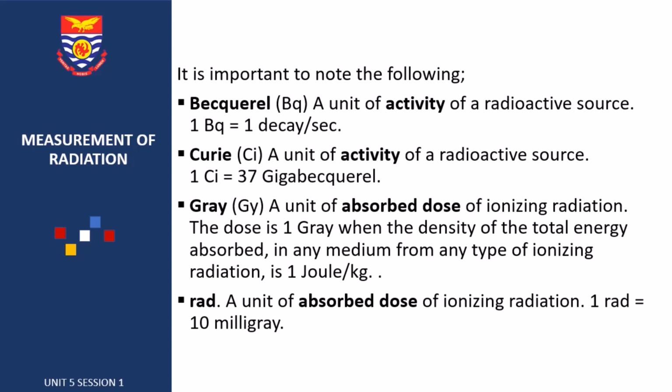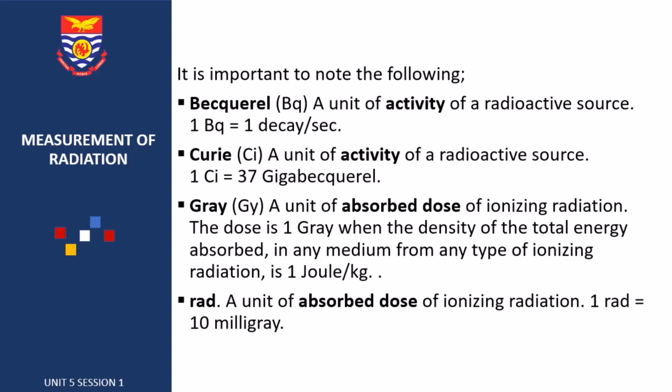Also the curie is one of them, and 1 curie equals 37 gigabecquerel. The gray is another unit for measuring radioactivity. The gray is actually a unit of absorbed dose of ionizing radiation.